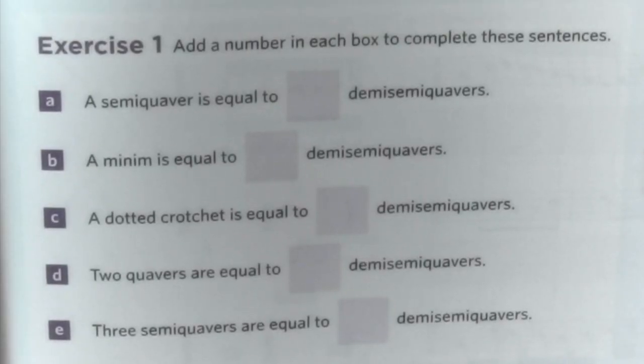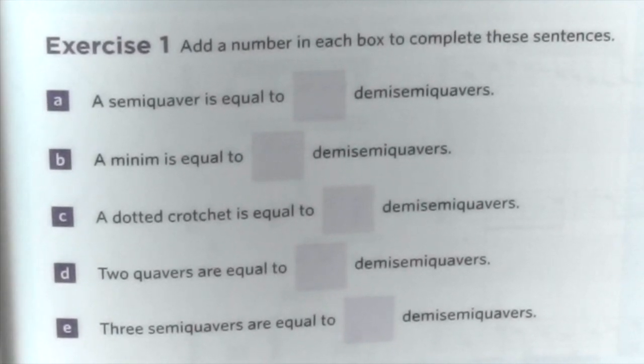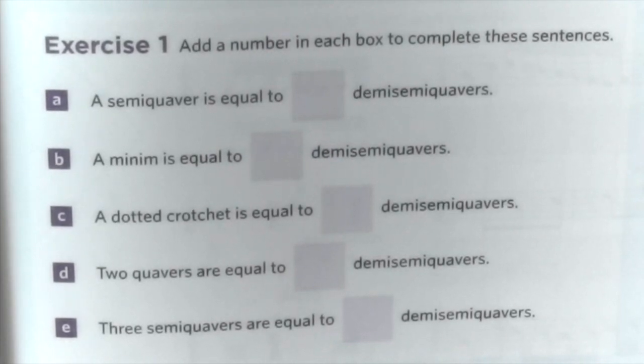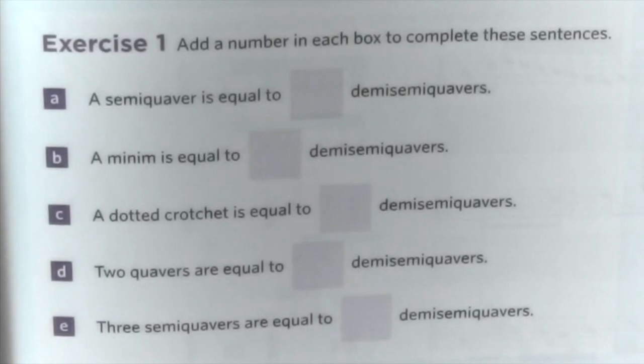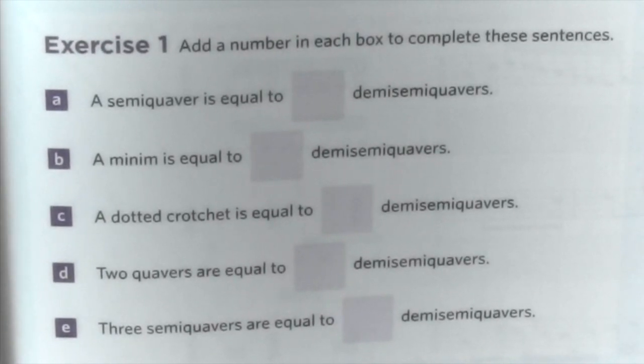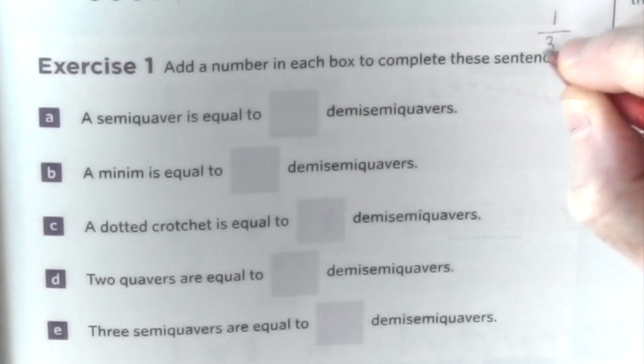The first chapter of the Grade 3 book starts with rhythm, and it talks about demi-semi-quavers. The demi-semi-quaver is a very short note in music. To quantify the length of the note, we use fractions, and the fraction of the demi-semi-quaver is 1/32 seconds.